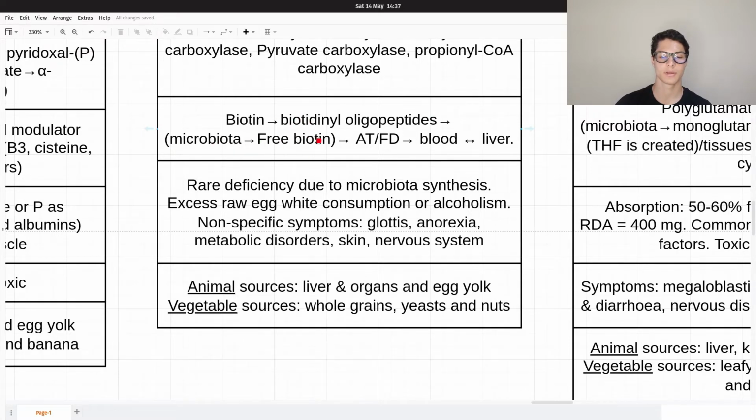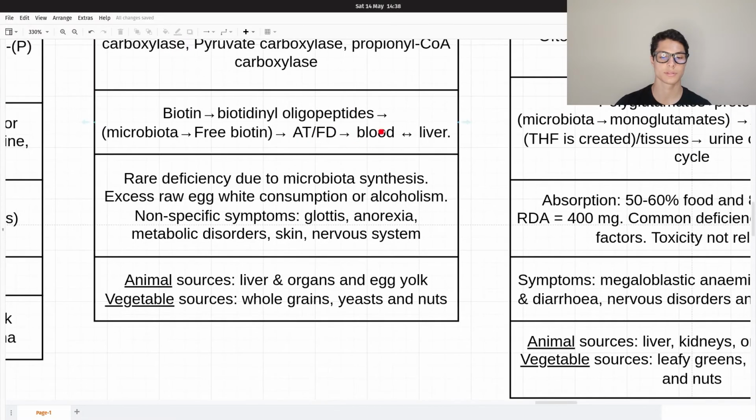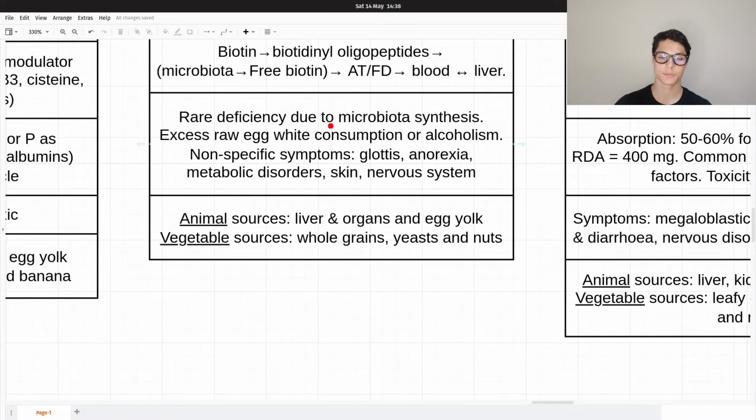So free biotin and biotinyl oligopeptides are absorbed via active transportation and facilitated diffusion into the enterocytes, which will enter the bloodstream and then go to the liver.